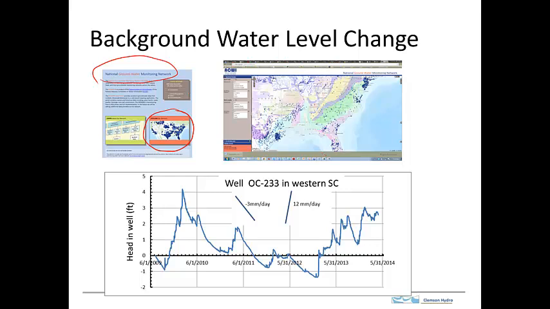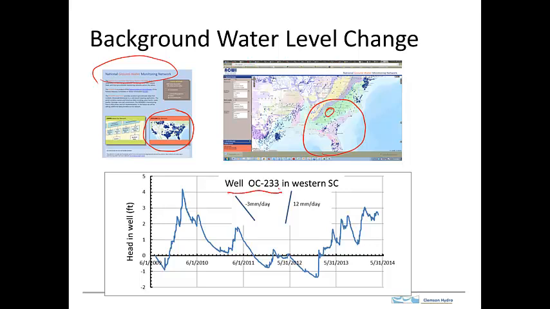If you look at the wells in our area, there are not many, but there are some. And one of them, it's hard for me to see right now, but it's right around in there, is in the general vicinity of Clemson. It's in similar rocks. And so that's this well here.